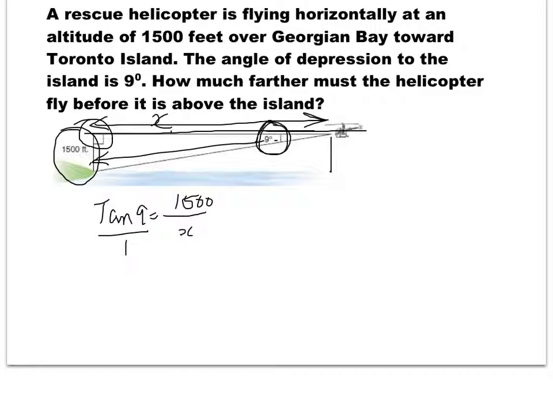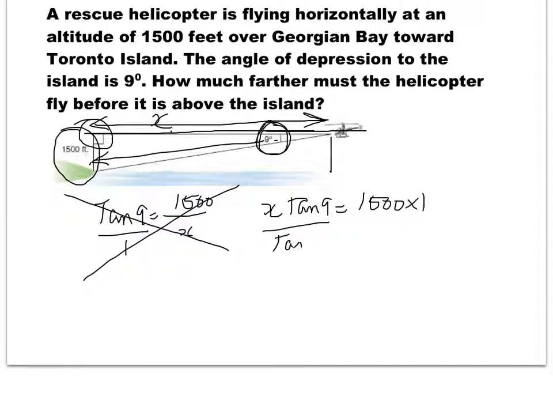Now this can be written as a fraction. In this equivalent ratio, I'm going to use cross multiplication, so x times tan 9 is equal to 1500 times 1. Then I'm going to divide by tan 9, and I'm going to find x is approximately 9470.63 feet.